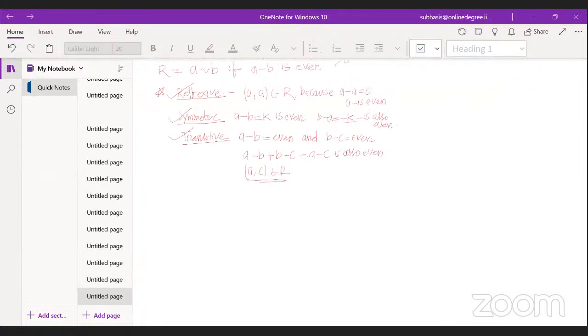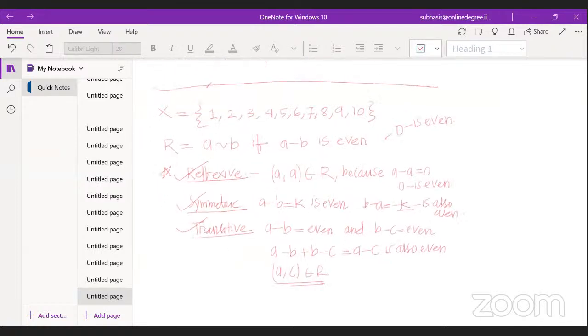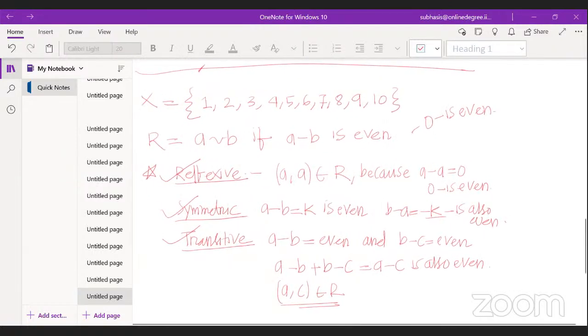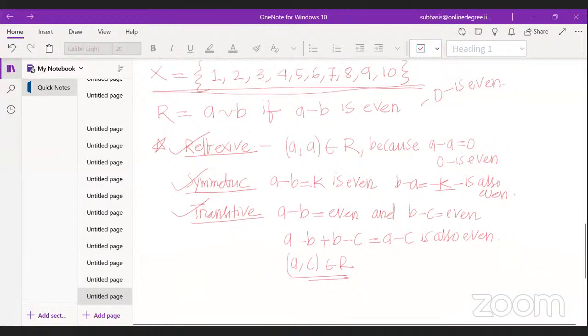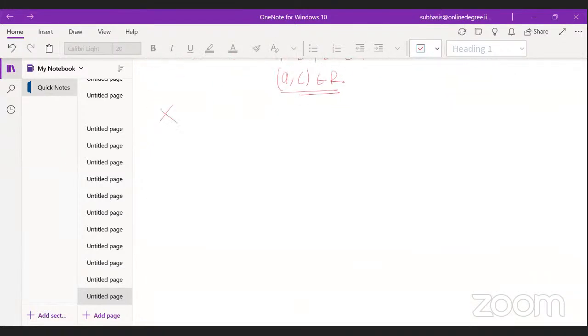Okay. So now you have an equivalence relation on this set X. Now what we will do is try to form some different type of sets. So you have this X, basically 1, 2, 3, 4, 5, 6, 7, 8, 9, 10.